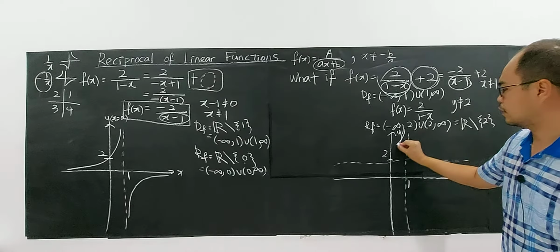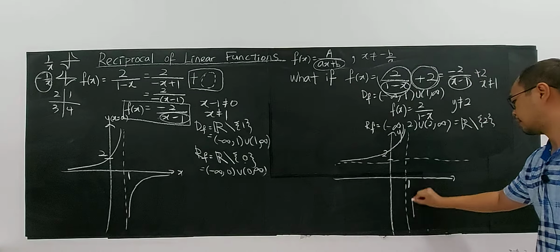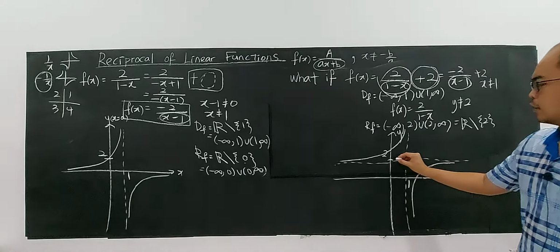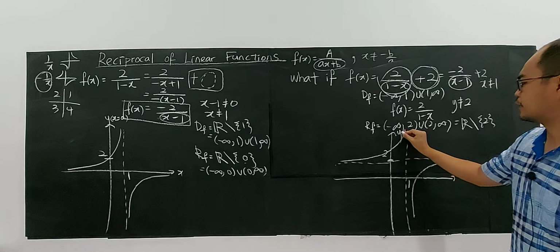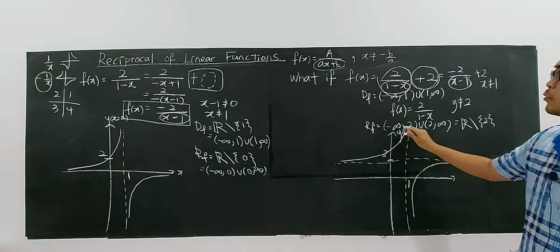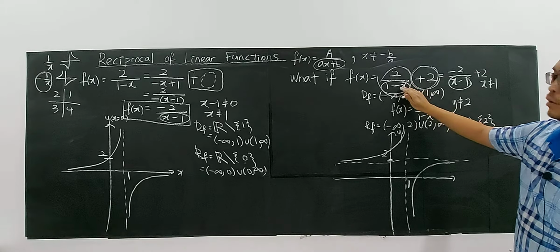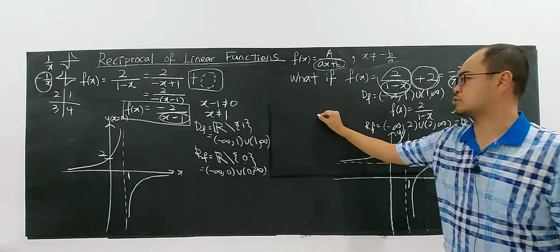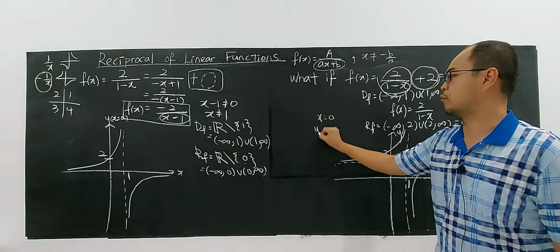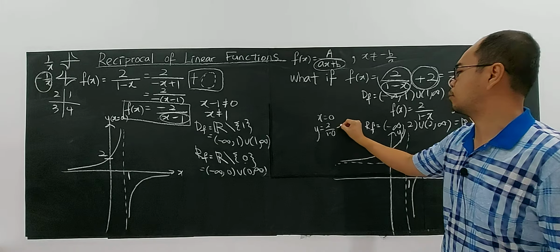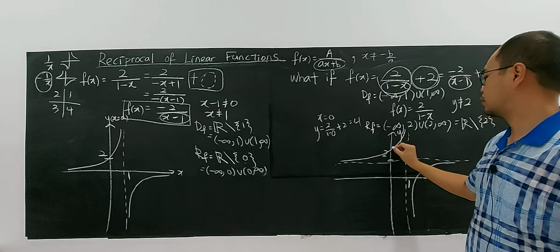The graph will be in this part here. For the y-intercept, if you set x equals 0, then y equals 2 over 1 minus 0 plus 2, which is 4.